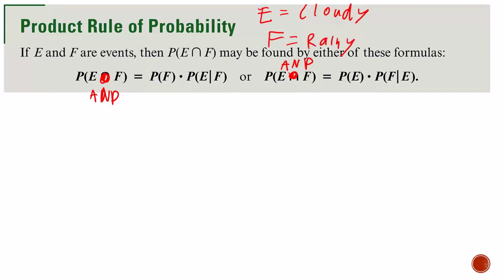So what's the probability it's rainy and cloudy? Let's say cloudy is 1/2 of the day and rainy is 1/3 of the day. If I just multiply these together, I would get 1/6, right?